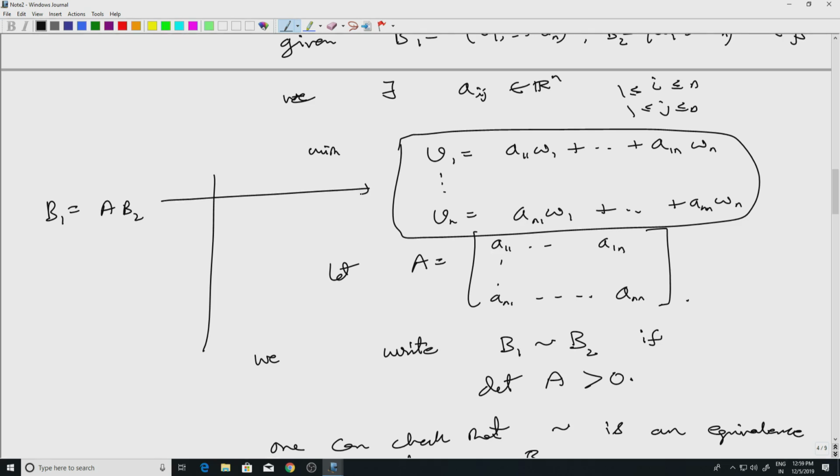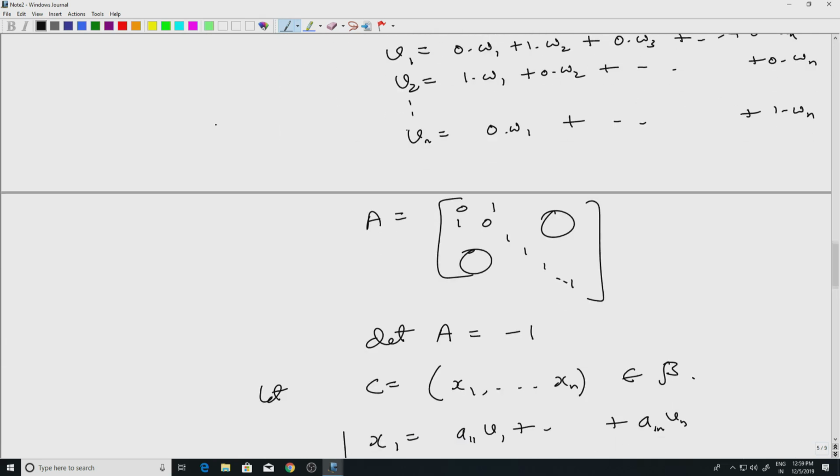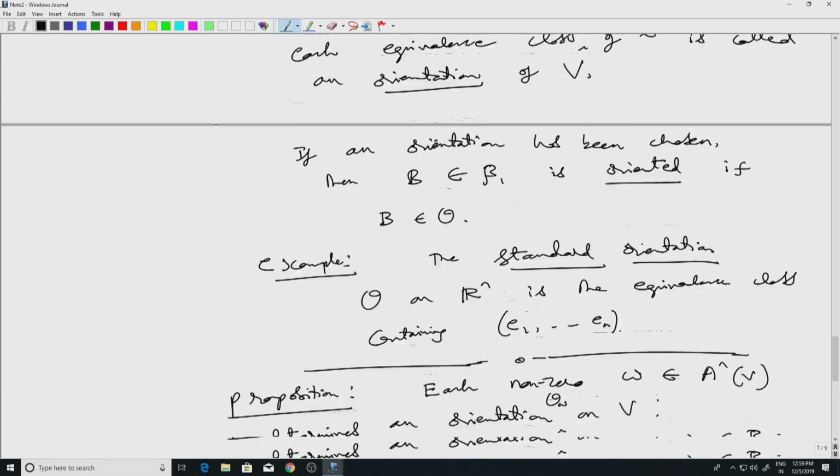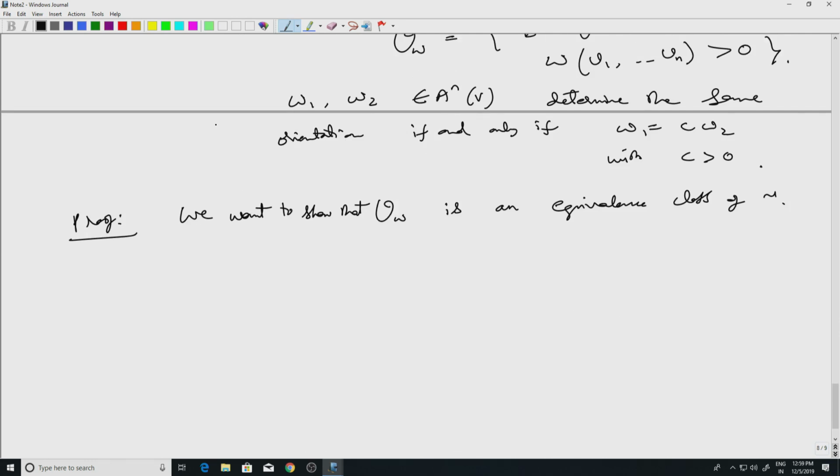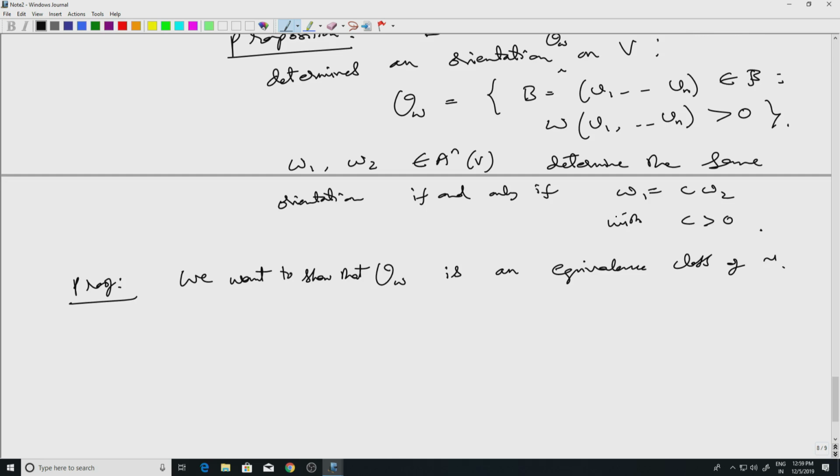The meaning of this is precisely this. So using that notation, we want to show that this O omega is an equivalence class of tilde.